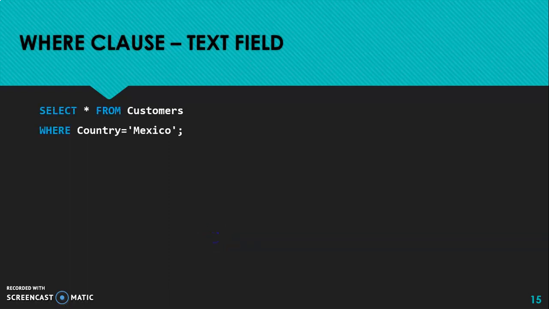First considering the text field, like select star from customer where country is equal to Mexico. Now I have written this condition in single quotes, as it is text data. So what I am expecting is to select all the columns from the customer table where the country, which is also one of the columns, is equal to Mexico.